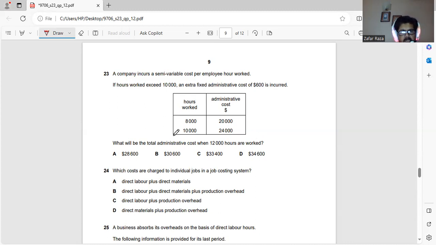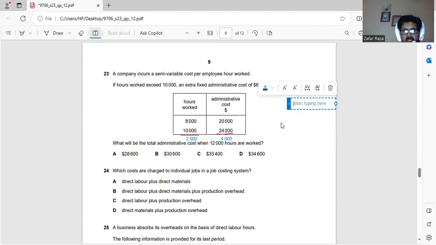What we have to do is take out the difference here and here. 8,000 minus 10,000 is a difference of 2,000 units, and here the difference is 4,000. So 4,000 divided by 2,000 means $2.